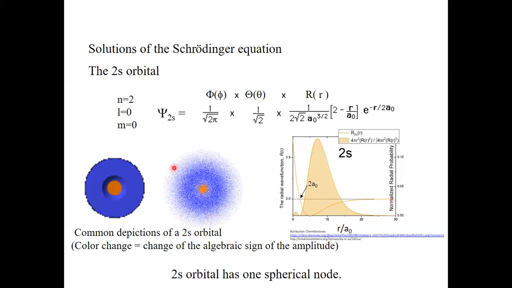Okay, so if we wanted to again depict our orbital, we could do it the following way, indicating the algebraic signs of the amplitude by different colors. So we could, for instance, define orange to be positive and blue to be negative. Okay? So then the density of orange points would first exponentially decline as we go further away from the nucleus, but then at r equal to 2a0, the algebraic sign of the wave function would change, okay?